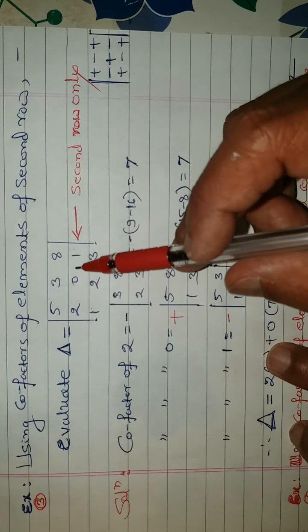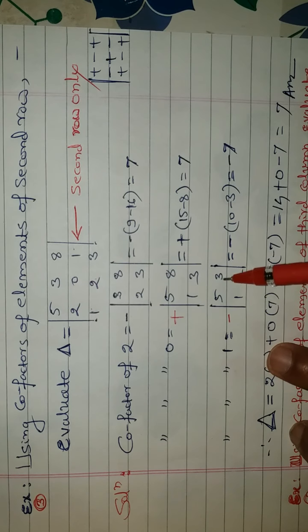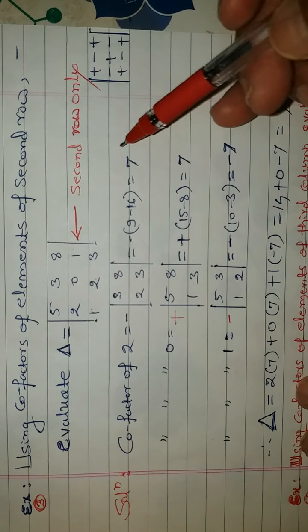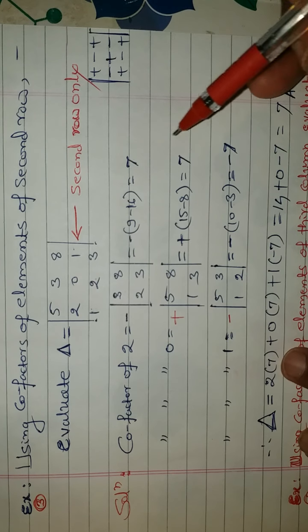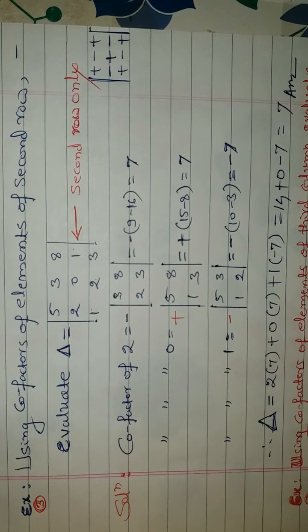Then the remaining elements are 5, 3, 1, 2. Cross multiply, 5 2s are 10 minus 3, which gives 10 minus 3 means 7, minus into 7 equals minus 7. Hence, these are the cofactors 7, 7, minus 7 respectively.